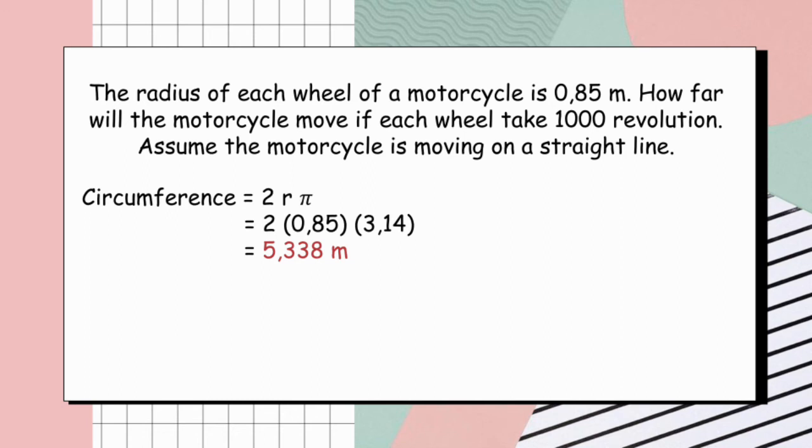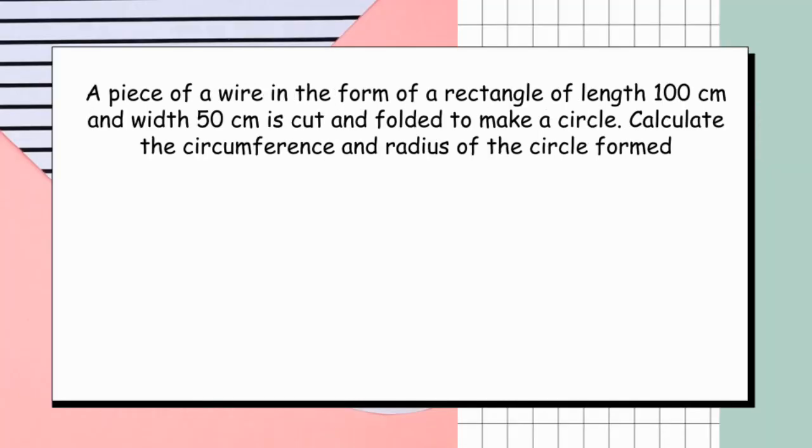To find the distance traveled, multiply the circumference of the wheel by the number of revolutions taken. Distance equals 5.338 times 1000, or 5,338. Therefore, the distance traveled is equal to 5,338.